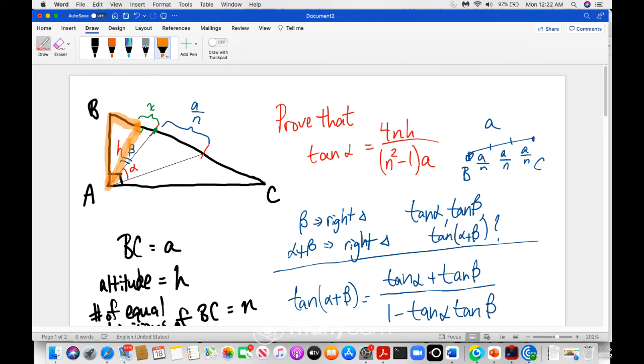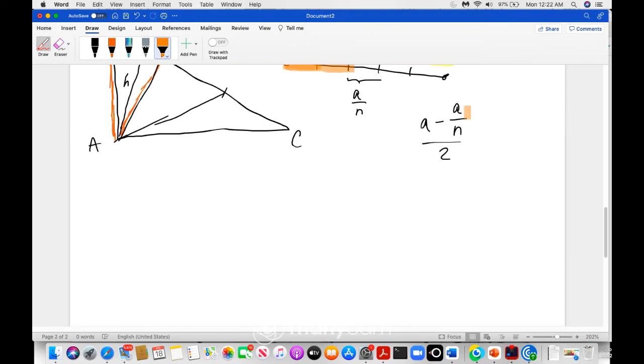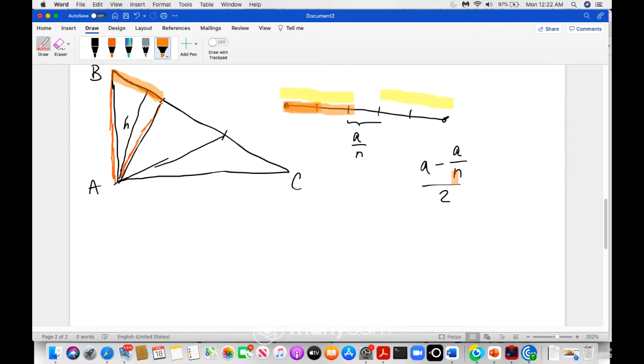But really, that's just this entire segment, which we just calculated to be (A minus A over n) over 2. It's that entire segment minus x, because this segment here was length x. That's our right angle. So this is that length. So I'm going to label this as star. And that's what star is. That's the length of that.